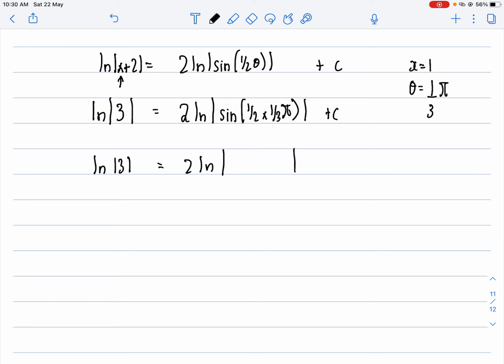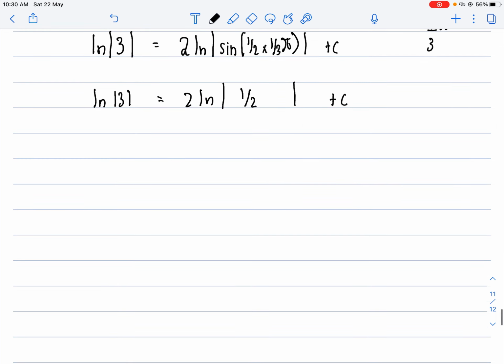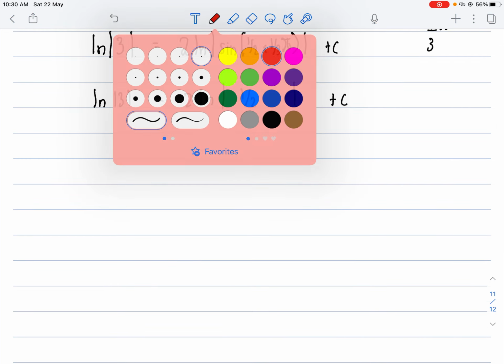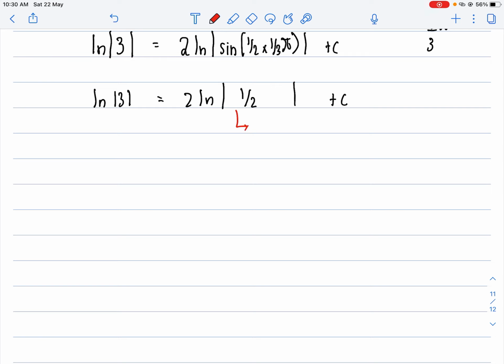Okay, make sure you're on the radian mode. So when you do that, I get my answer basically as half plus c. Now I can use a log property here, which suggests that b log a is equal to log a raised to b.